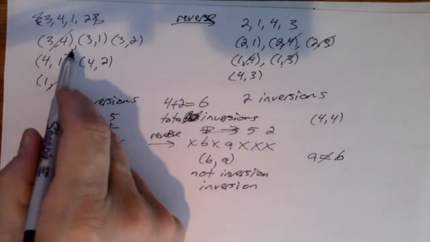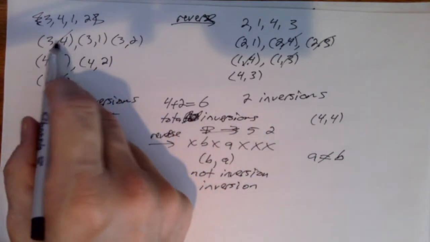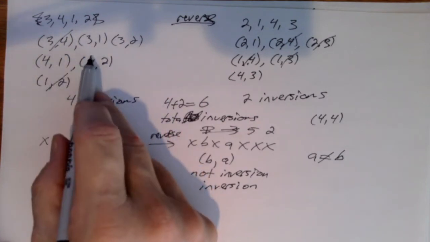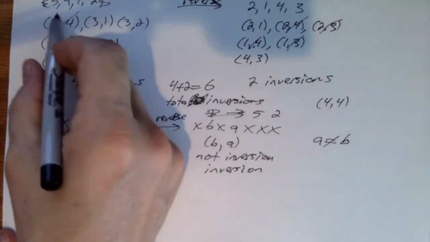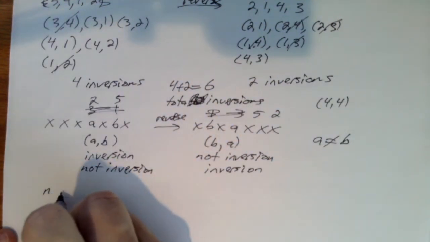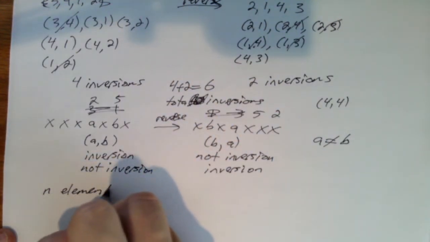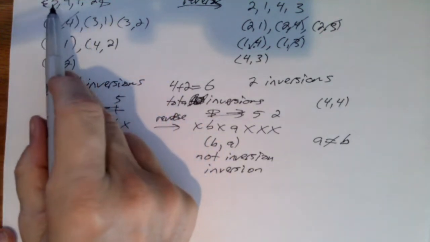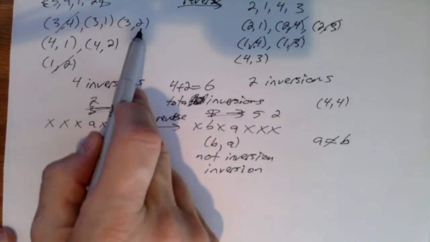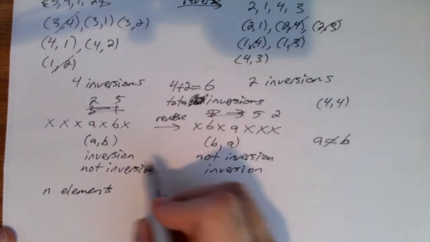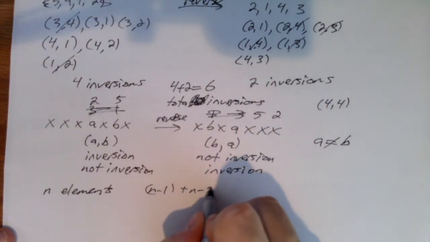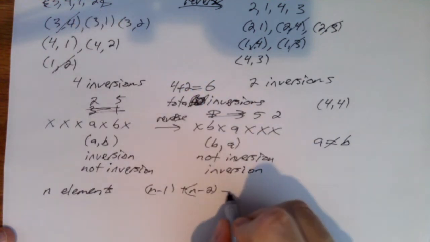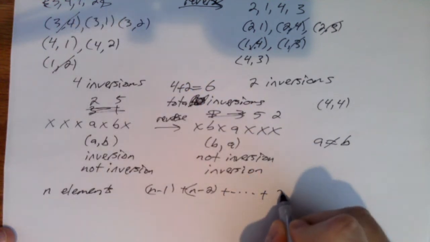And it turns out, we saw that in the worst case, it's the number of pairs of values in the sequence. So how many are there? Well, we can see here that we have n elements. We would first have n minus 1 pairs, plus n minus 2 pairs, plus dot, dot, dot, plus 2 plus 1.